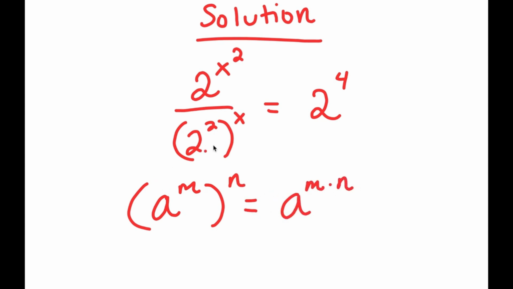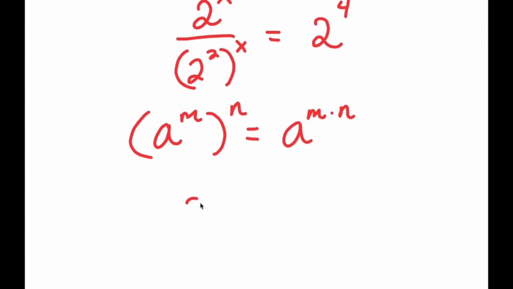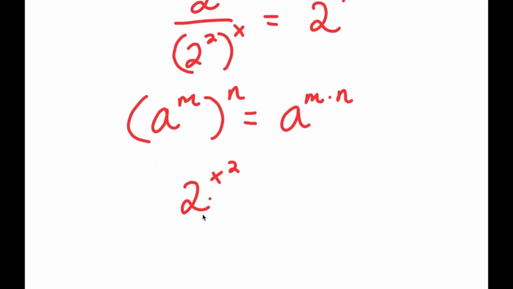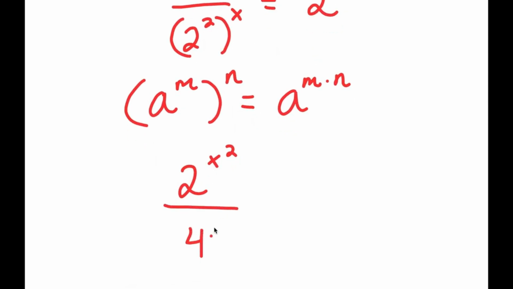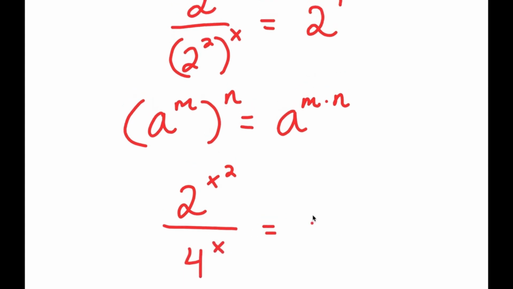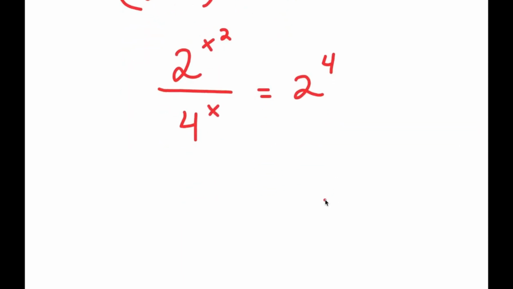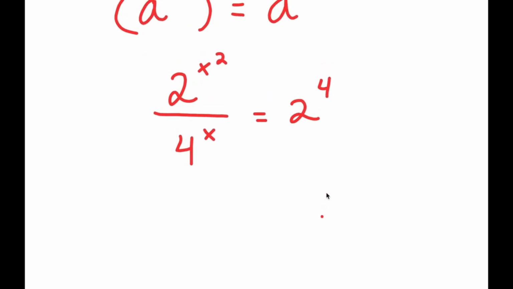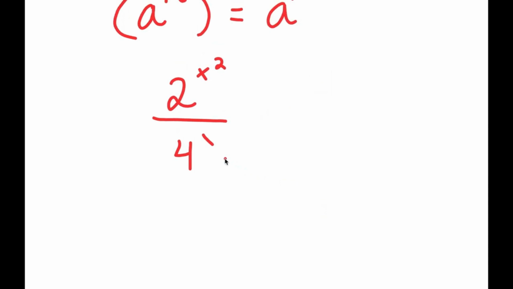So 2 squared to the power of x, I can rewrite that as 2 to the power of 2x, which is equal to 2 to the power of 4.